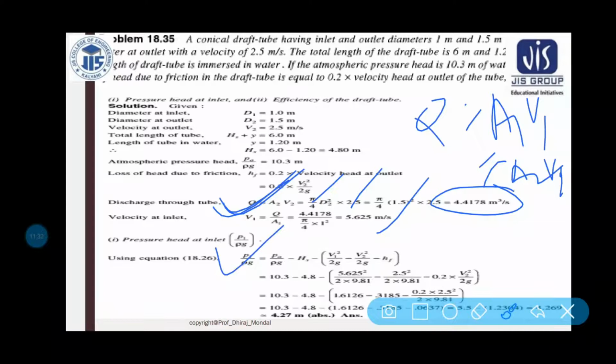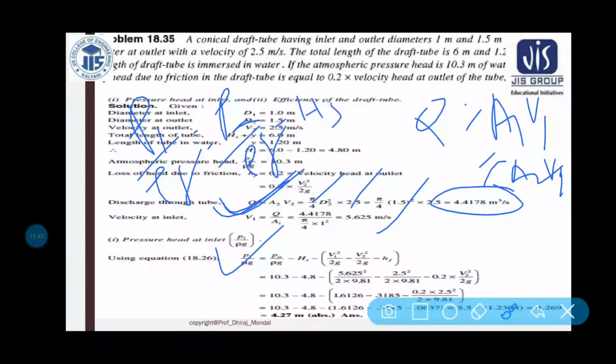You know, this is your equation from theory. From the theory of draft tube I have got P1 by rho g is equal to PA by rho g minus Hs minus V2 square by 2g minus V1 square by 2g minus Hf. Now, is there any value which is not given? All the values are given.